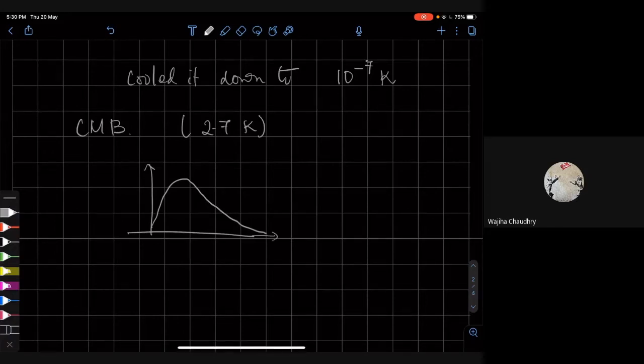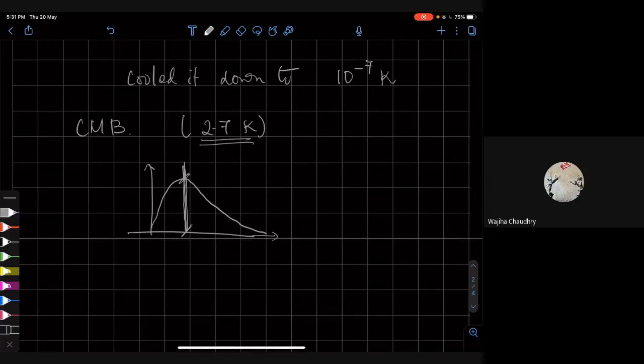And a black body radiation has this maxima, if you remember. So you can associate the temperature associated to the maxima of the radiation, and that's how we calculate the 2.7 degrees Kelvin.